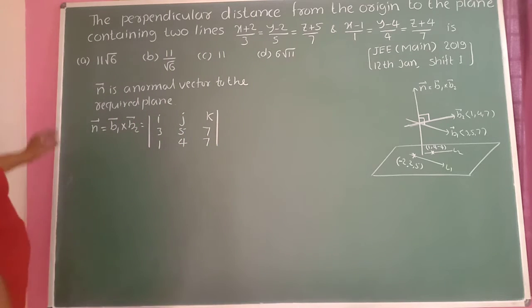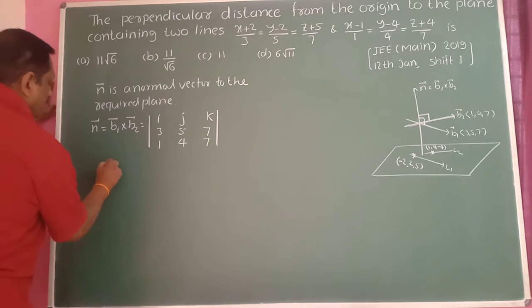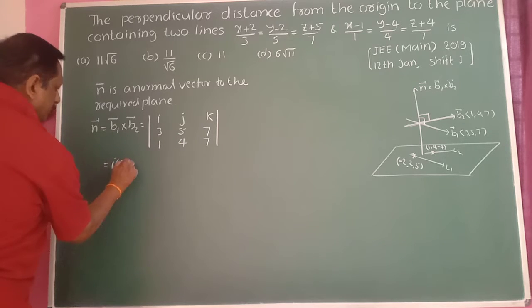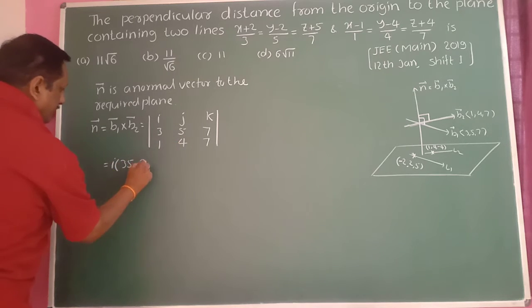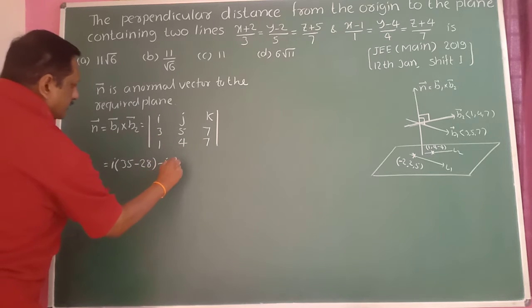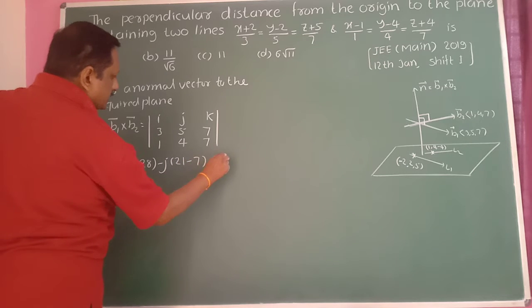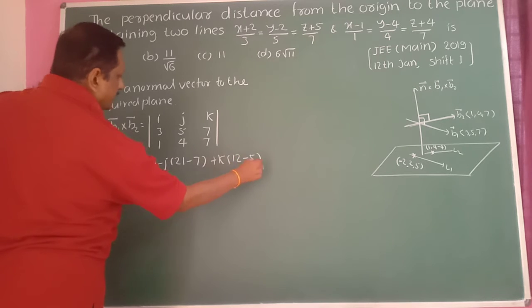Now you simplify: i into 7 fives are 35 and 7 fours are 28, minus j into 7 threes are 21 and 7 ones are 7, plus k into 4 threes are 12 minus 5.